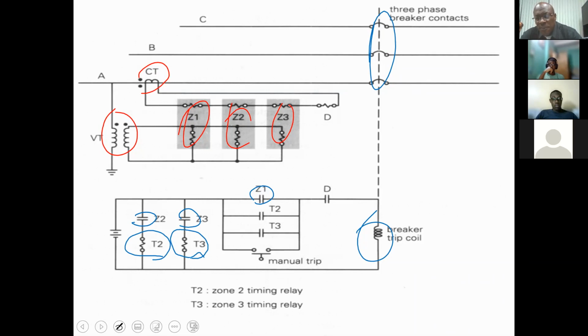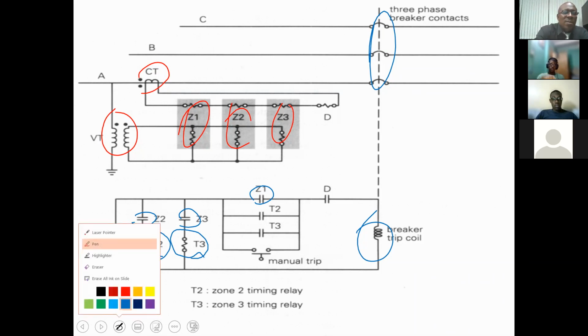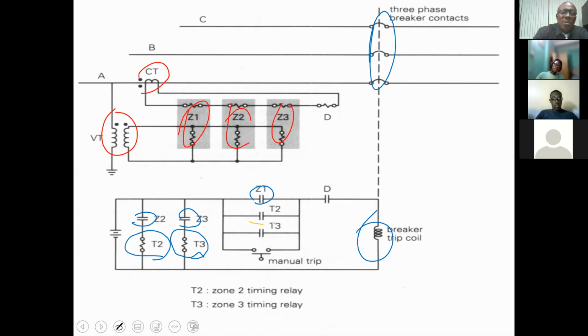If the 200 or 300 milliseconds passes, then the instantaneous contact from the timer will now close and close your circuit.